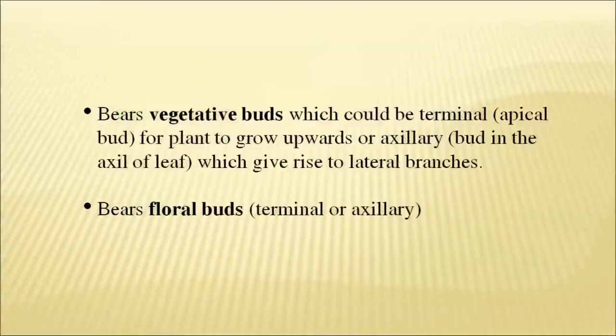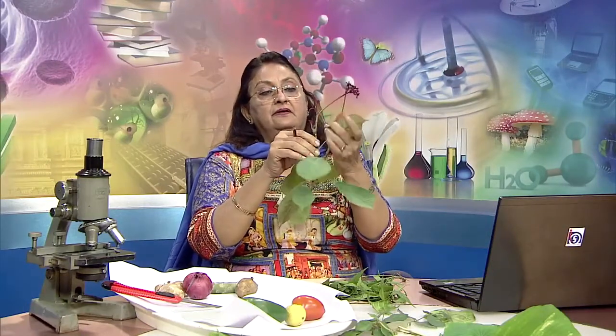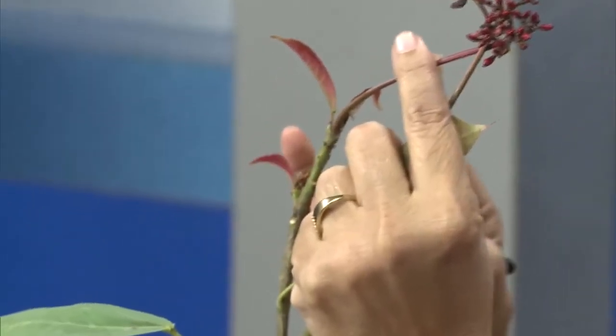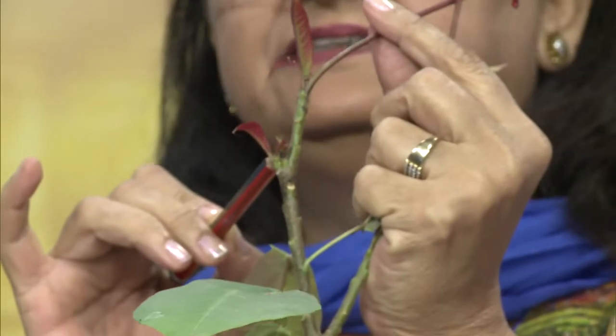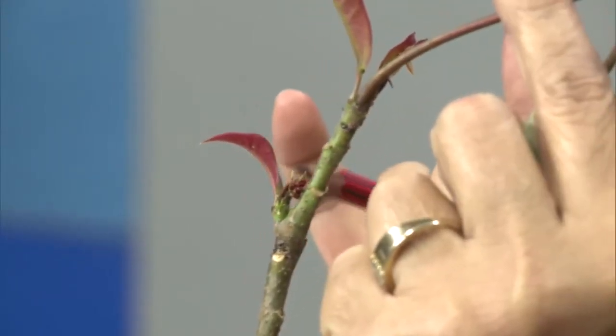So, we have to understand that these are the functions that stem performs. Now, there are vegetative buds which can be terminal or apical in their position. Can you see that? I hope you can see now. This is the side branch and this is the axillary bud. Can you see this axillary bud?